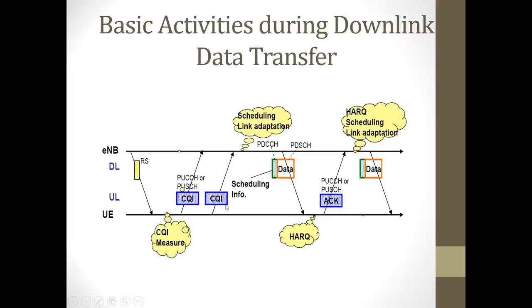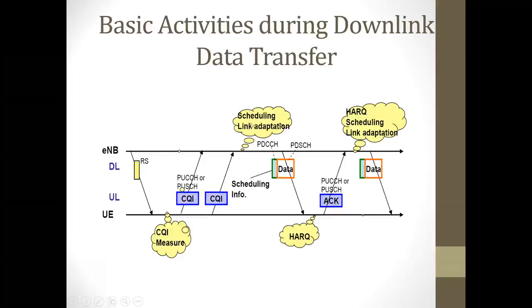There are different downlink transmissions going on, always some broadcast in the downlink. So it estimates the downlink radio link quality and sends CQI. If there's uplink data transfer going on, use PUSCH to send CQI. If there's no uplink data transfer going on, then use PUCCH to transmit CQI.